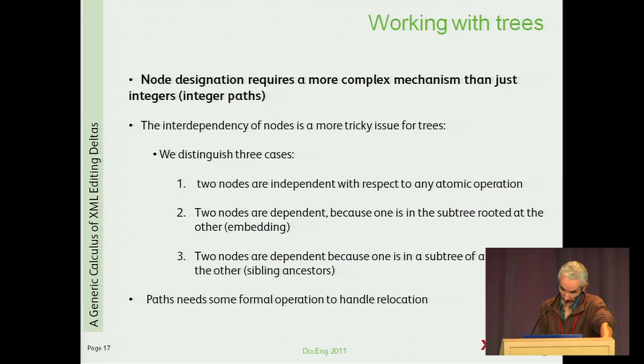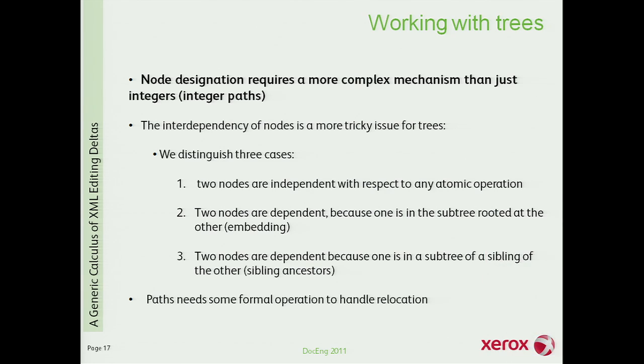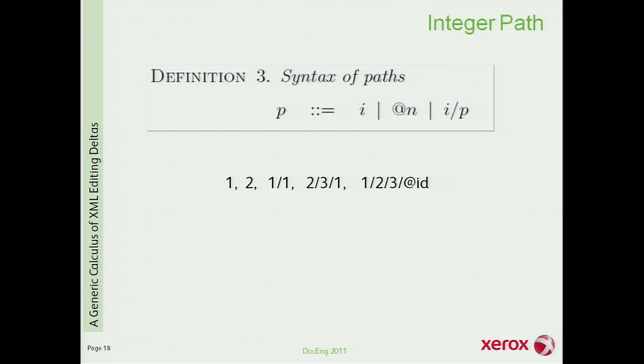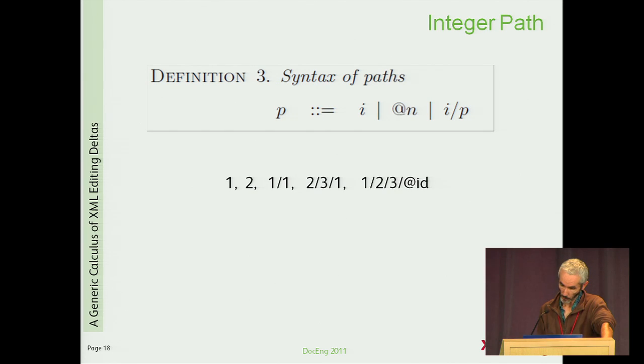So the first remark is that we now need a designation mechanism more complex than just integers. And so we define a path language, here is a simple grammar rule. It's based on integers and the composition of them on the right part.